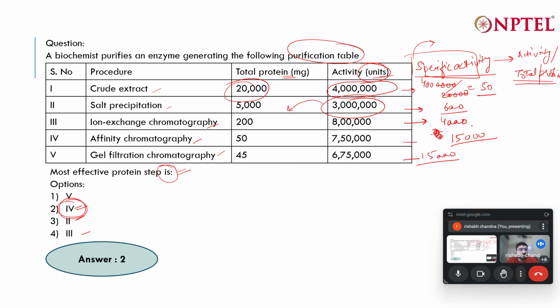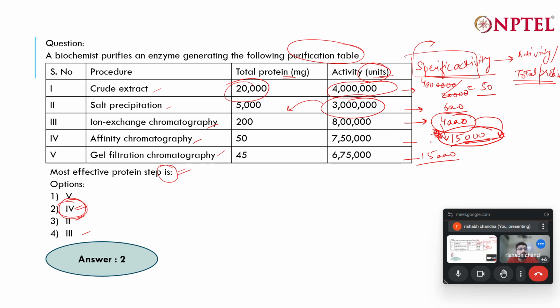Now similar will be the case for the fifth step. As we can see, the specific activity jumped from the third step, the ion exchange chromatography, to the affinity chromatography, right? Here it's 15,000. So when the specific activity increased from 4,000 to 15,000, the enzyme purity increased.